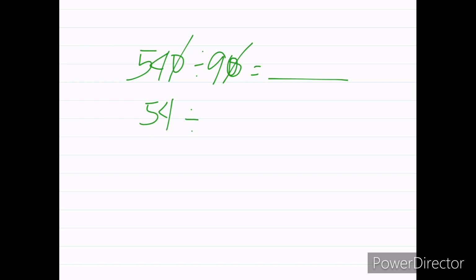So 54 divided by 9, how many 9s are there in 54? Of course, the correct answer is 6, or our quotient is 6. Therefore, 540 divided by 90 is also 6. There are 6 90s in 540. So that's how to divide numbers having a zero in the divisor and dividend.